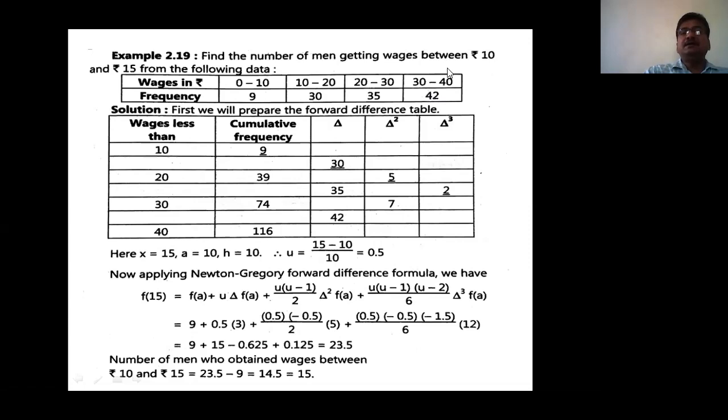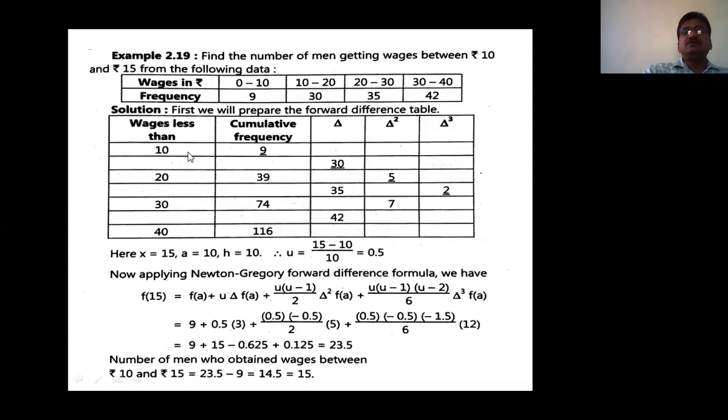And we have to find the number of men getting wages between 10 and 50. If we find the number of men getting wages up to 50, and the number of men getting wages up to 10, which is 9, then the subtraction gives the required answer.